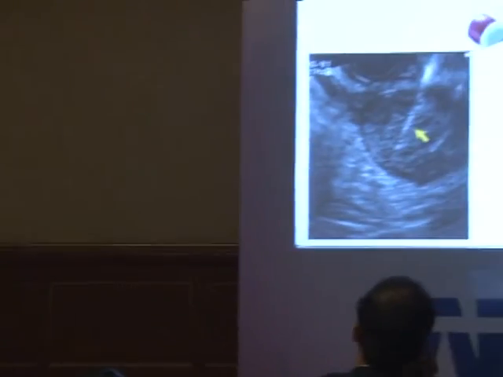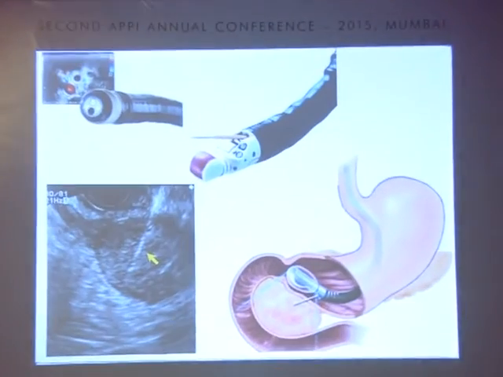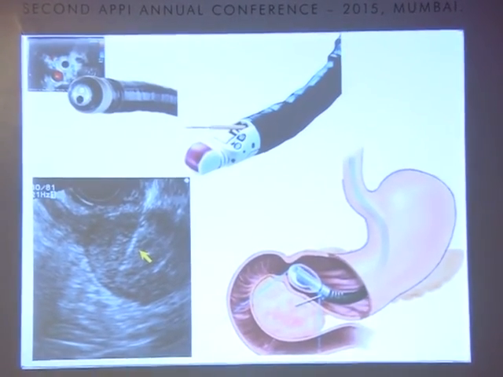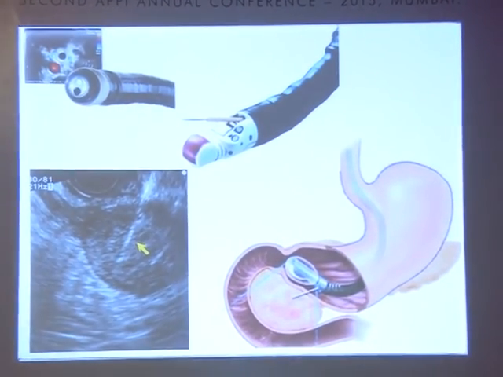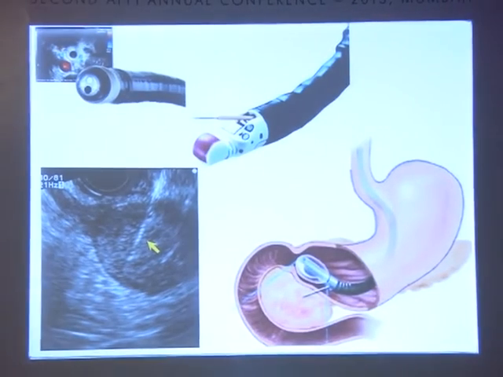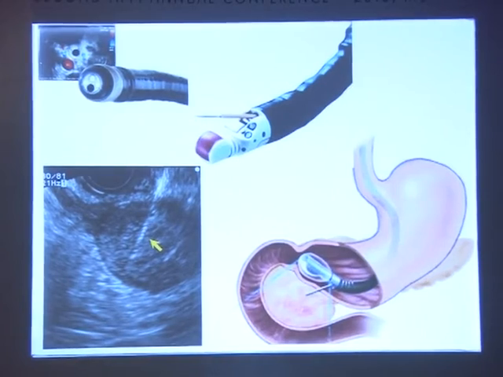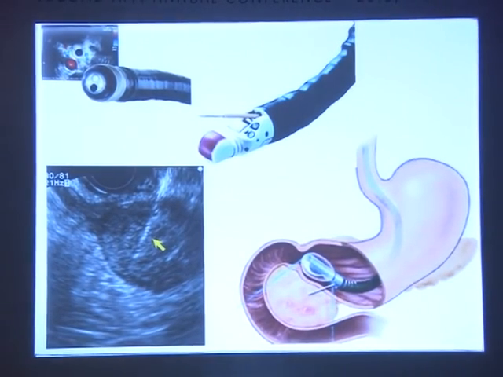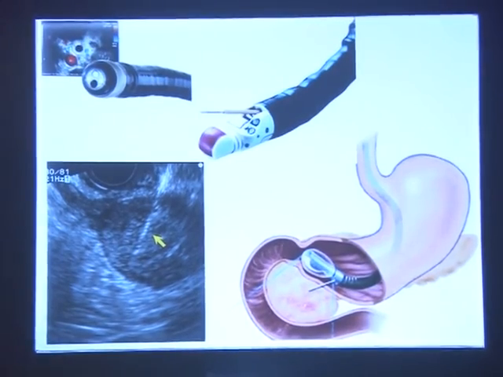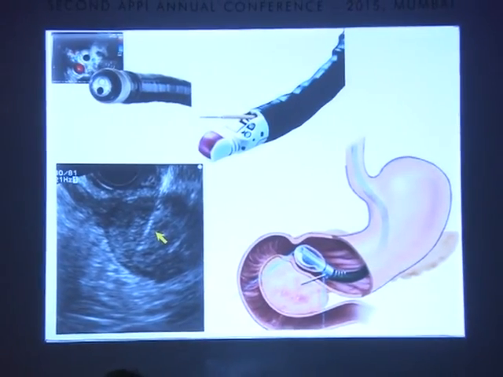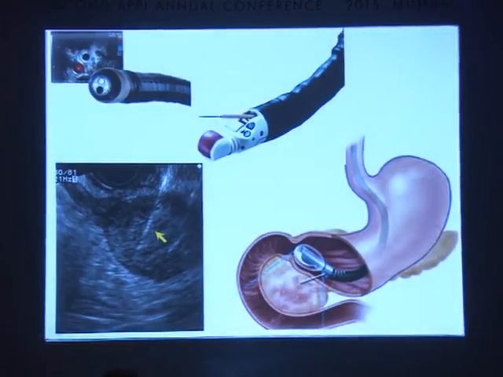Although EUS was started almost in 1980, they just attached this probe to the endoscope, and somewhere in the last decade or so, they have attached this needle to take FNACs. So FNACs have become more popular in the last, say, about 10 years or so. But EUS was started somewhere in 1980.